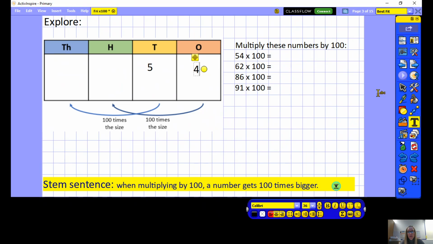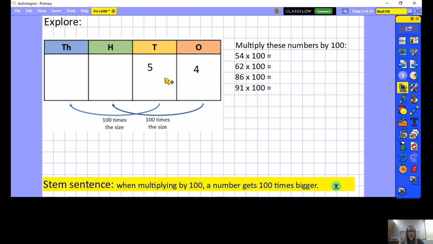Now, if you remember, when we're multiplying by 100, the numbers move 2 spaces to the left on our place value chart. So the 5 tens will move across to the thousands column, and the 4 ones are going to move into the hundreds column.